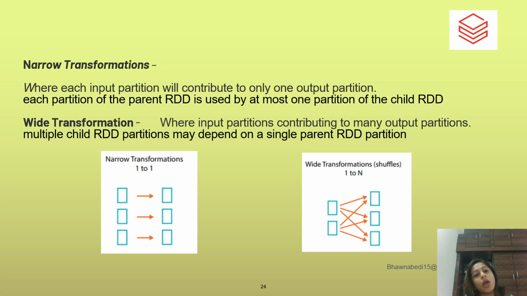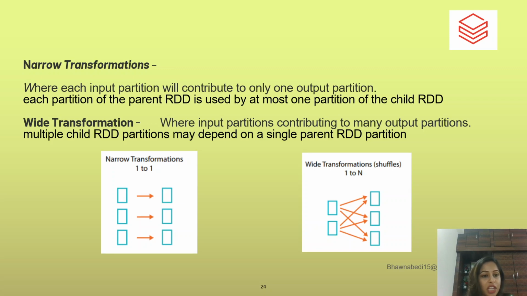But in the case of a wide transformation, for example, you are doing a group by key, right? You have given multiple partitions, but the output is not one to one. Output might be one to n. The moment you group by key, the number of partitions gets reduced. That is called a wide transformation.